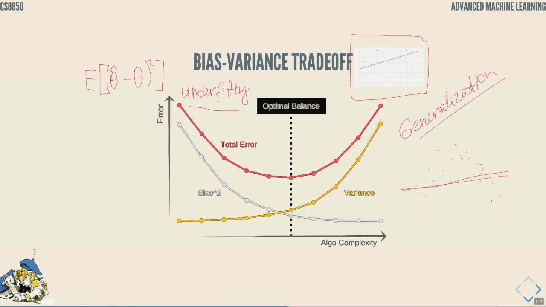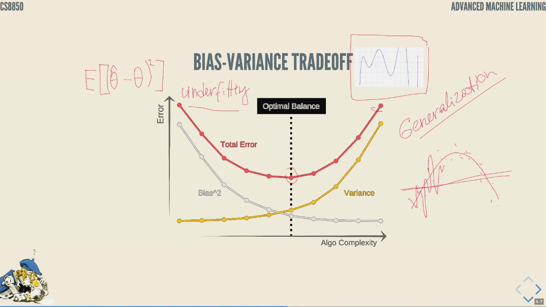But if we're trying to fit a line to polynomial data, we're clearly underfitting. So if we're fitting a second degree polynomial, we're probably somewhere here in the optimal regime. But then once we start going higher and higher, we will be over here.